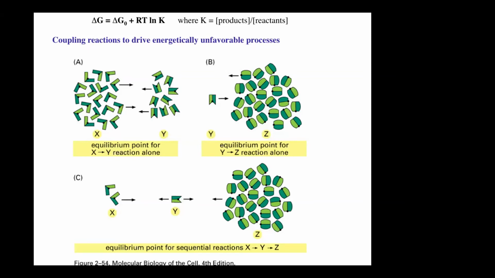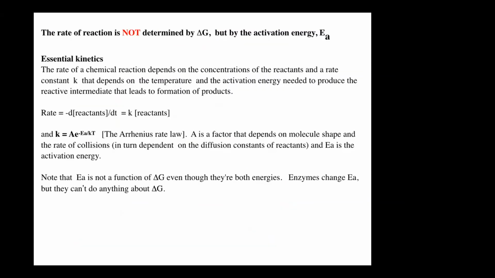But again, this should be fairly familiar from your education, and I don't want to dwell too much on it. The other thing that I do want to hammer home, which you probably have seen many times before, is that the rate at which something happens has nothing to do with the delta G. The thermodynamic drive for something to happen, that is what happens at equilibrium, is not obviously coupled to how fast that reaction happens.